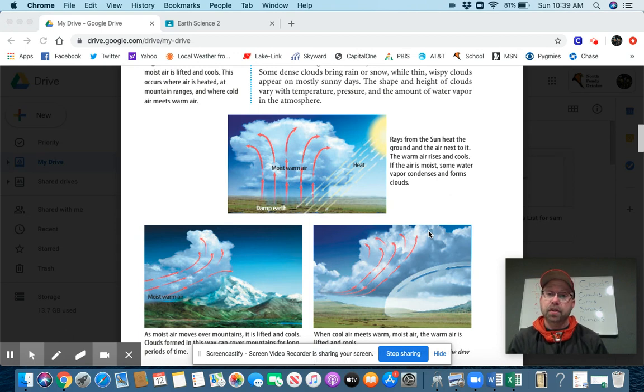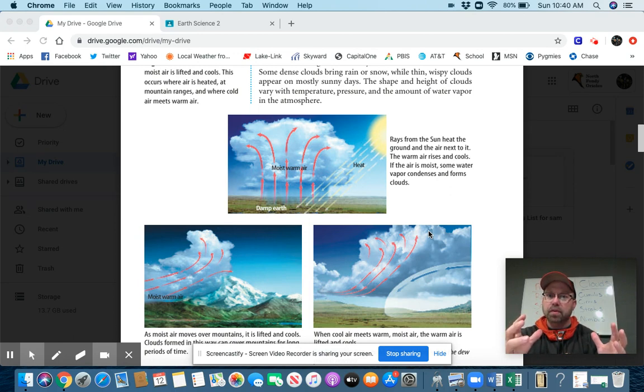All right. So, how does warm air cool off? Well, either from daytime to nighttime, which is how we see that dew form on the ground. But also, if you remember what happens to temperature in the troposphere, the higher we go up in the troposphere, the cooler it is. So, as the warm air in the summertime down here at the surface collects water vapor, it can hold more water vapor.